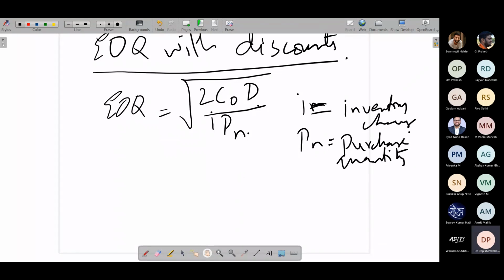You have to calculate it multiple times for different quantities, and then calculate the total cost.